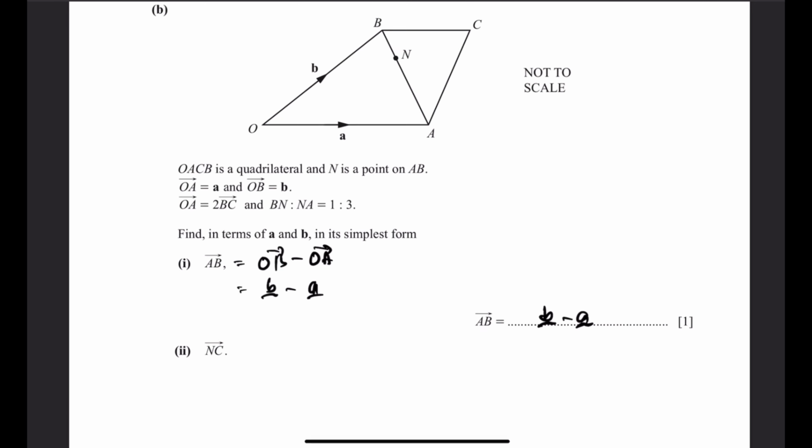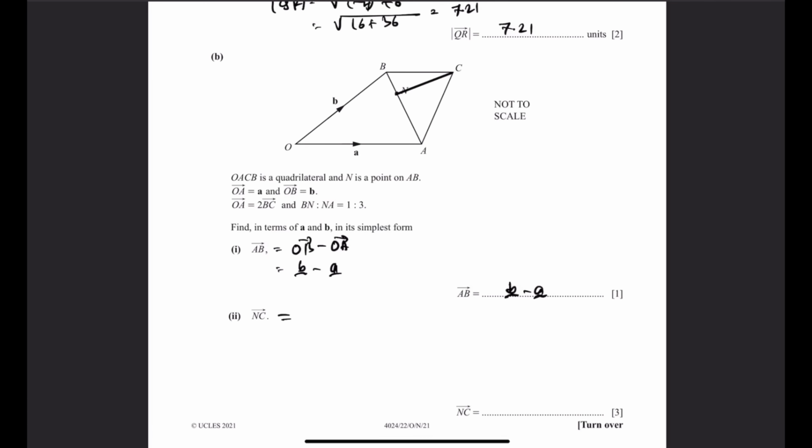Now we need to find out NC. N divides AB, that is 3 is to 1. We can use NB plus BC. So NB is 1/4 of AB.